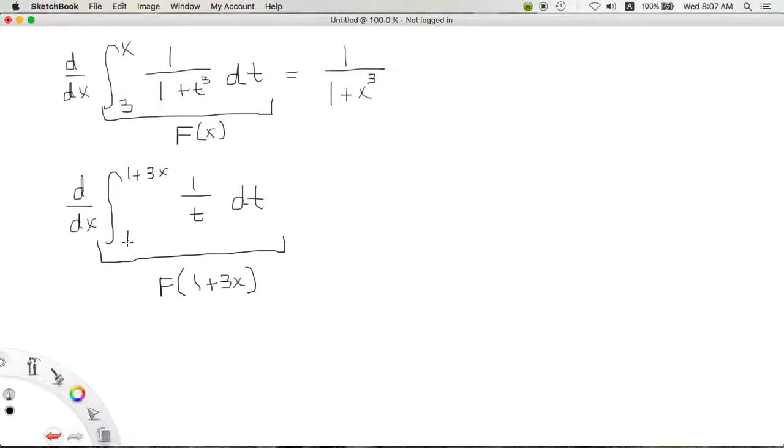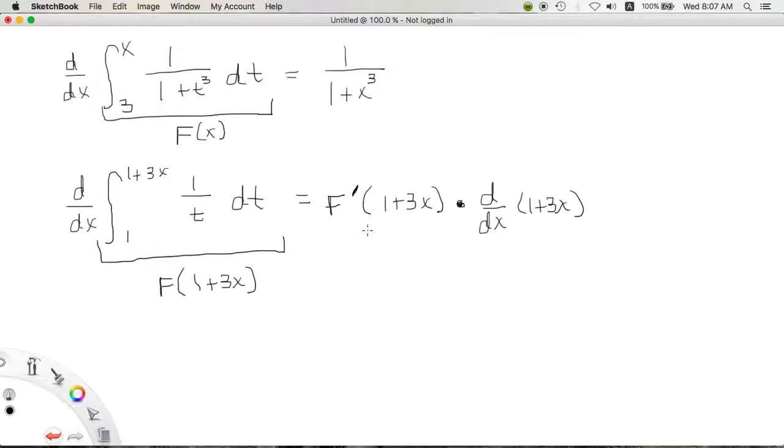So we have just the constant on the bottom, that's what we want, and then whatever you have on this top bound here, that's what your input is for your function. So if you want to take the derivative, this is the derivative of this antiderivative function, okay? But we have to use the chain rule, so we have to take the derivative of the inside too.